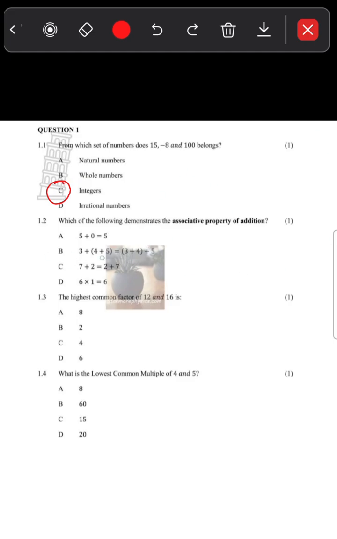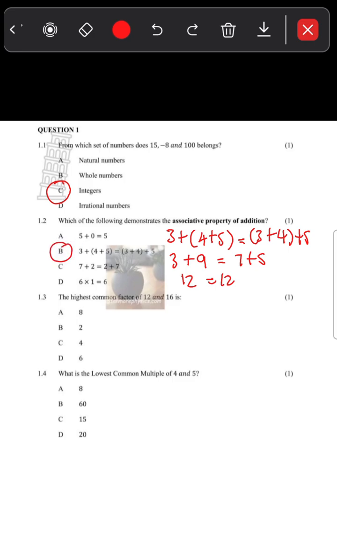Okay, so let's take B. In B, we are given (3 plus 4) plus 5 equals 3 plus (4 plus 5). Now let's simplify this. Here we'll have 7 plus 5 equals 3 plus 9, and then we'll have 12 here and 12 here. So your answer here is B.